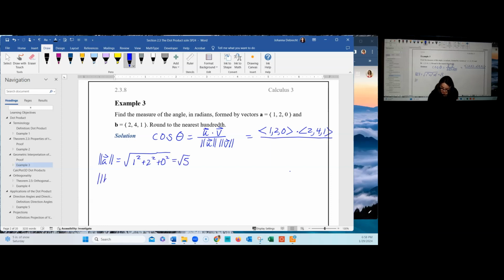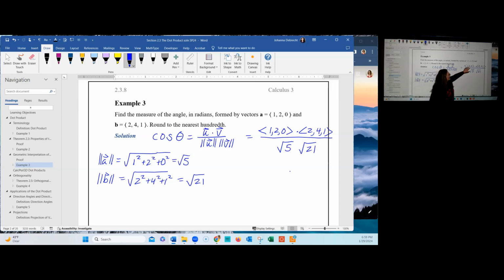And the magnitude of b is the square root of 2 squared plus 4 squared plus 1 squared, which gives me the square root of 21, I believe. Yep. So I can put these numbers over here. They're both square roots, so I can multiply them together underneath to get the square root of 105.